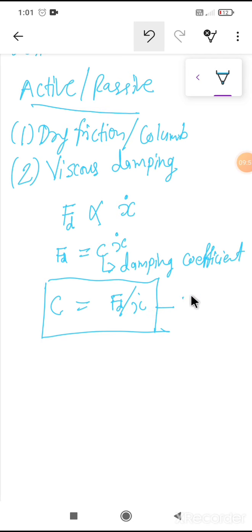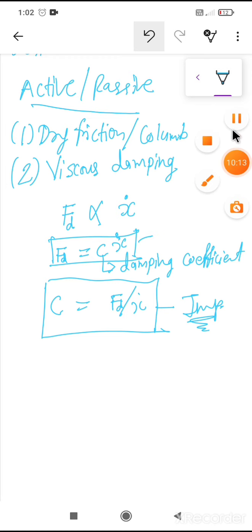We need to remember this equation, either this or this, and we can derive the other. So the damping force is equal to C into x dot. This is the equation of damping force.